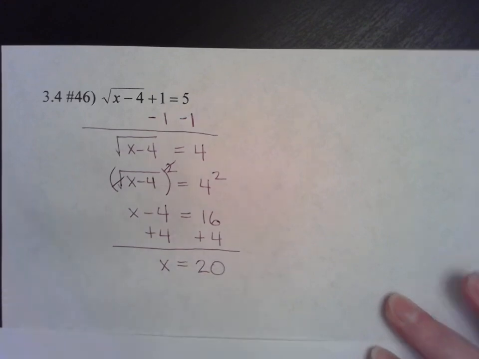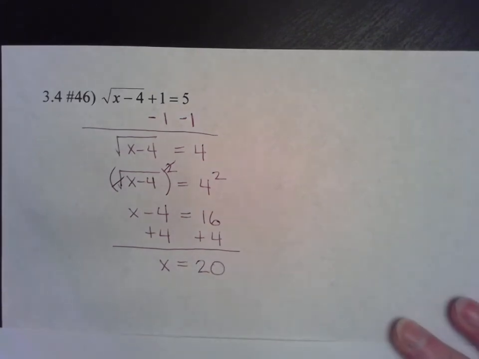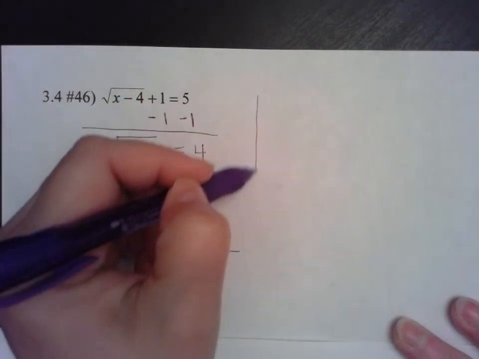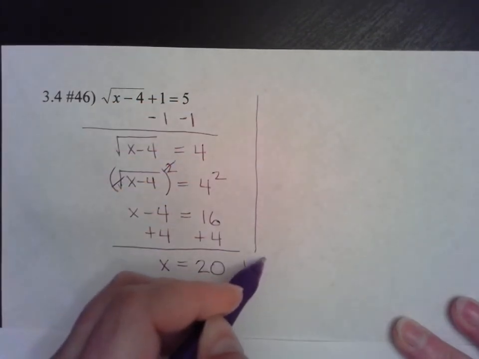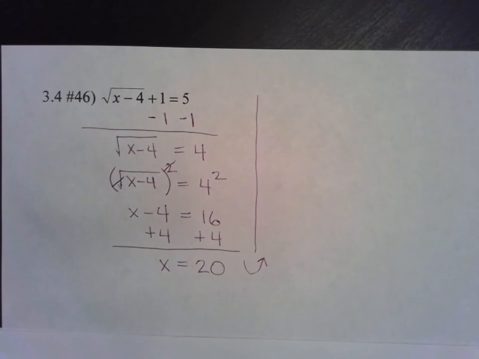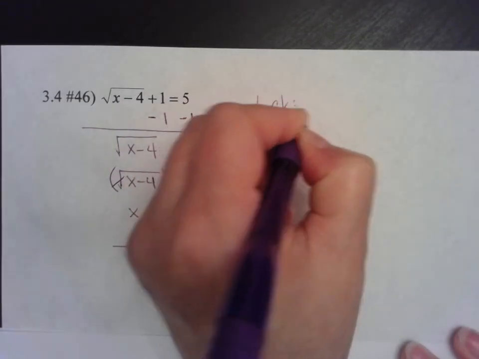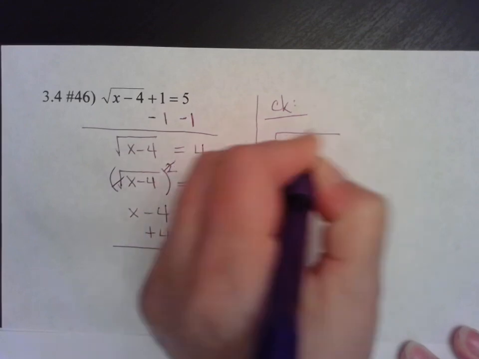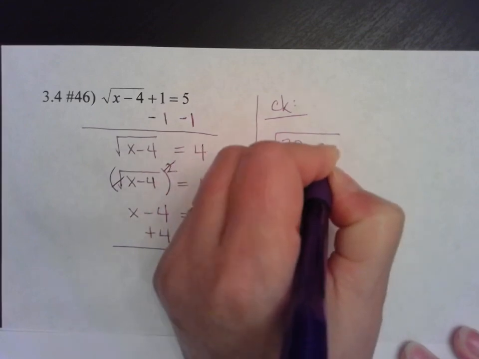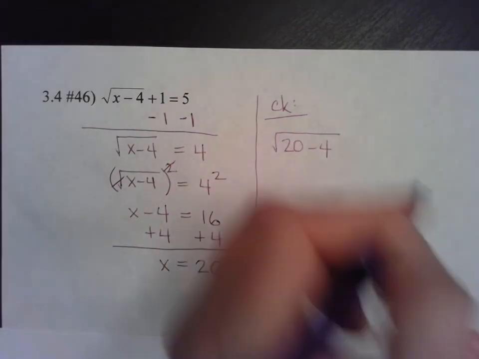Looks like I get x equals 20. So again, I just want to check and make sure that that does indeed work. So I'll go back to the top and plug in 20.